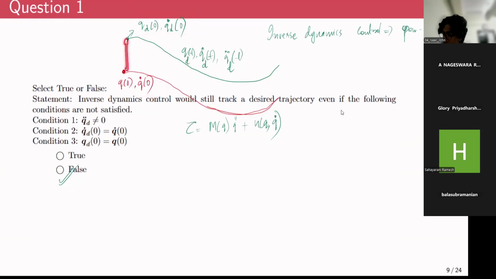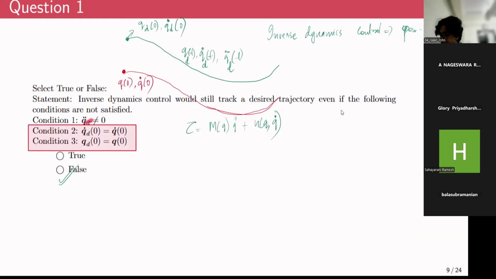These two points should coincide. That is what conditions 2 and 3 basically say, right? Otherwise, there's always going to be this finite offset.